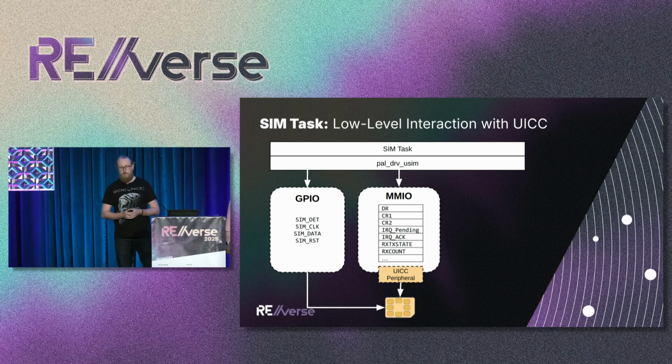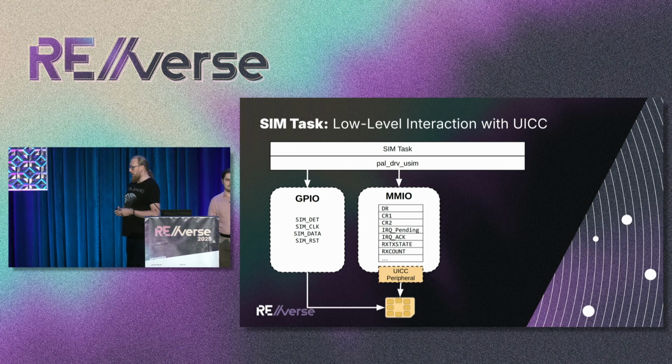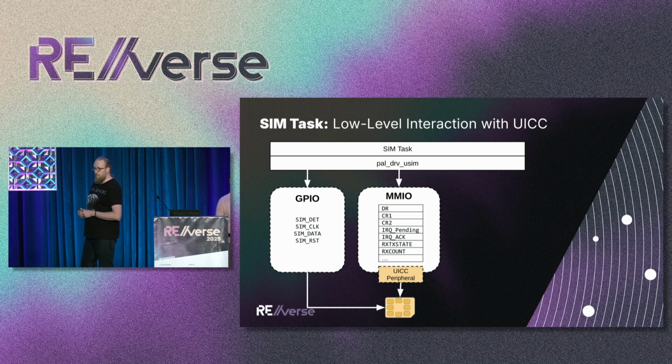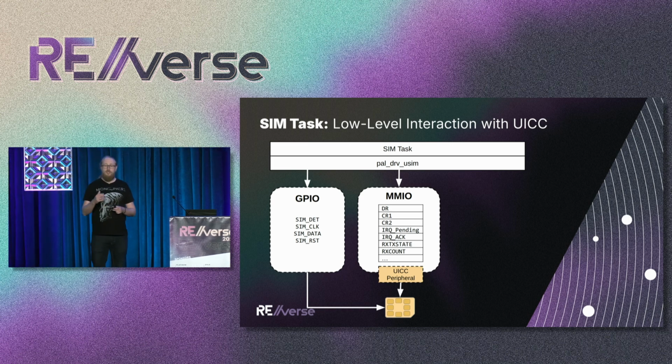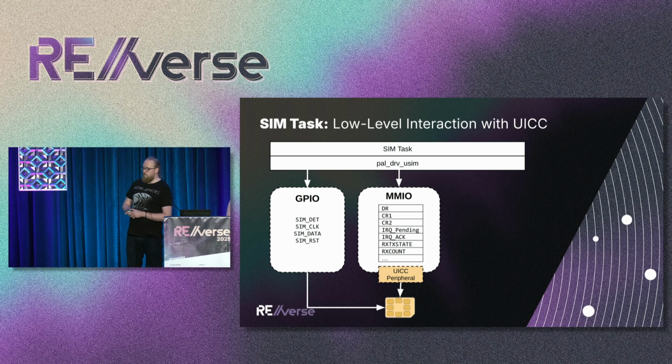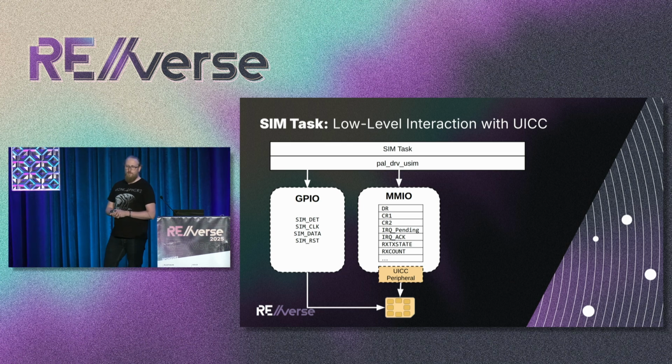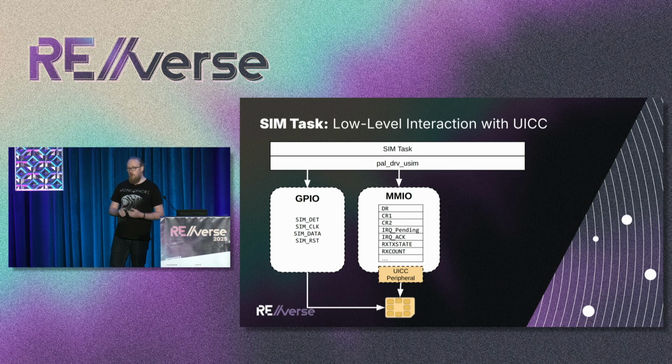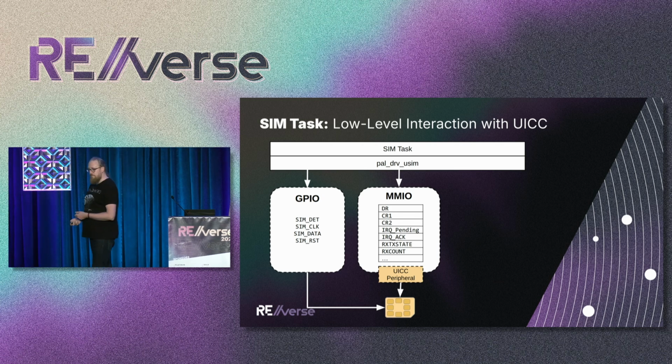So there are some memory mapped I/O ranges where the firmware can directly write to and read from to have interactions with a UICC peripheral, which will then accordingly pull the data from the SIM card. For instance, there's a data register which can be used to fetch the data from the SIM or write data towards the SIM.